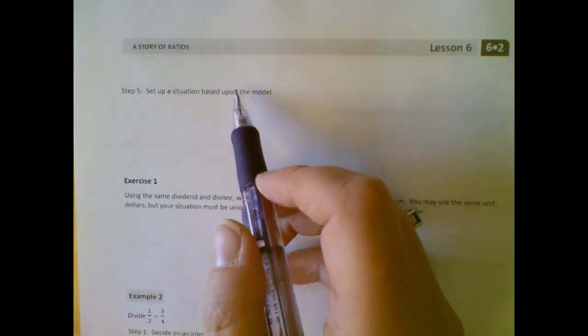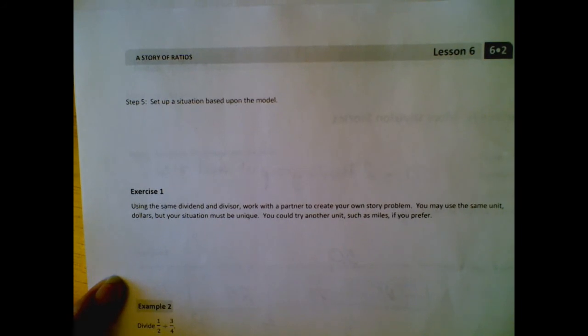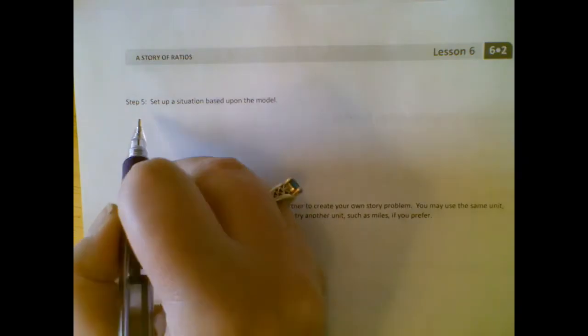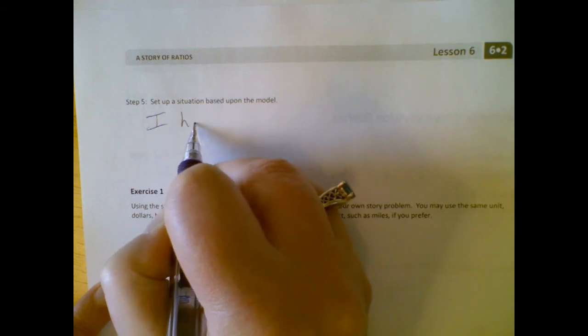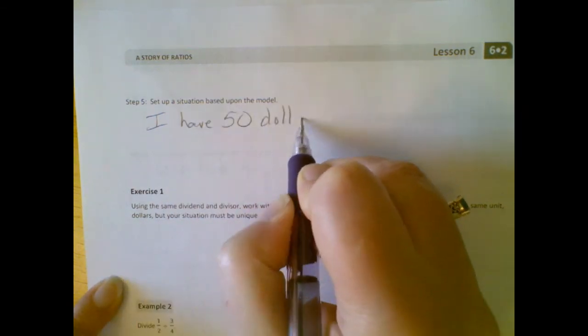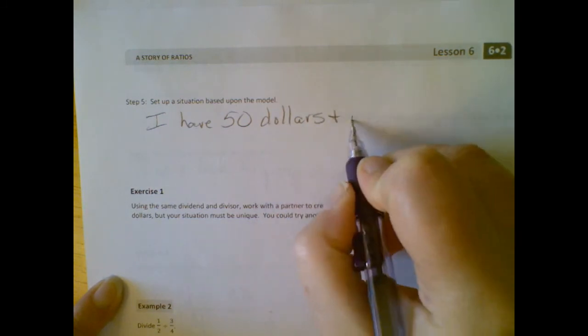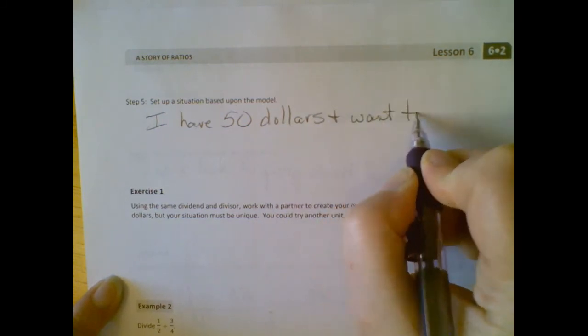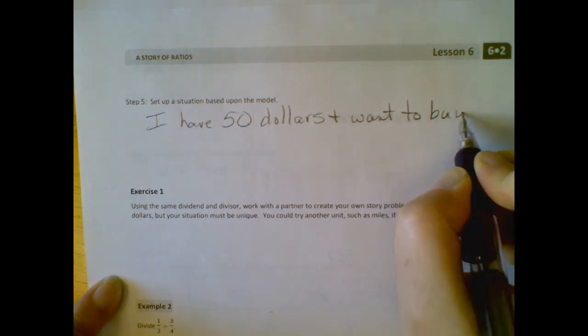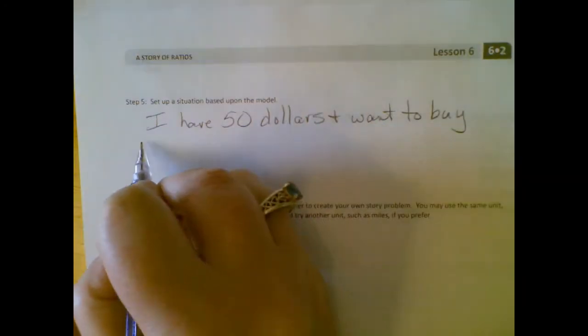If I have $50, I could make my word problem: I have $50 and want to buy headphones.